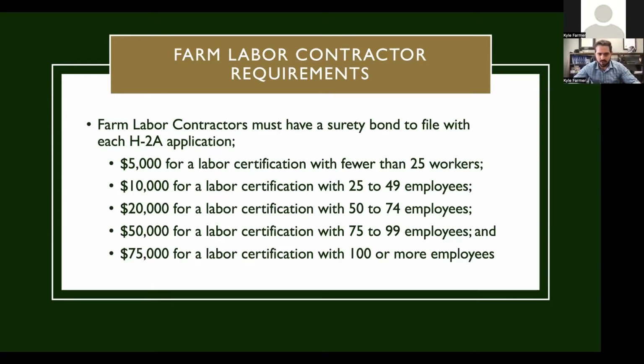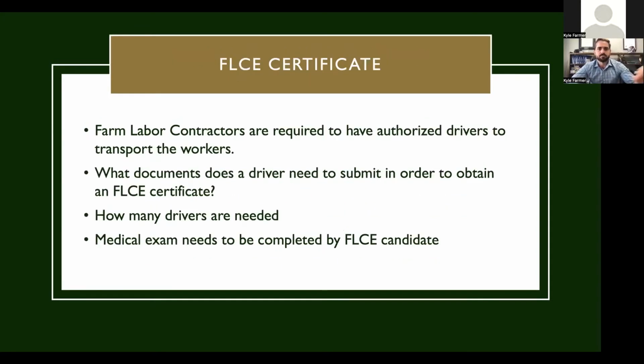I think they do a soft inquiry into the credit of the applicant, and they'll see, okay, do they have good credit, not so good credit? If not so good credit, the cost of the bond goes up. If you have really good credit, a $5,000 bond is $150, $200. For $75,000, $1,200, $1,500. So it's pretty normal pricing range there for bonds.